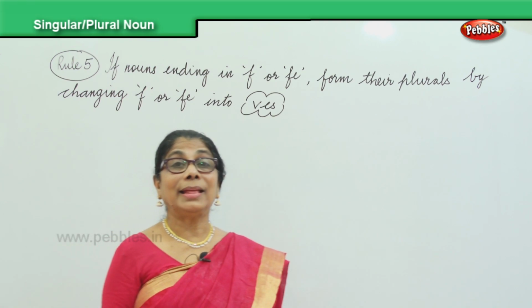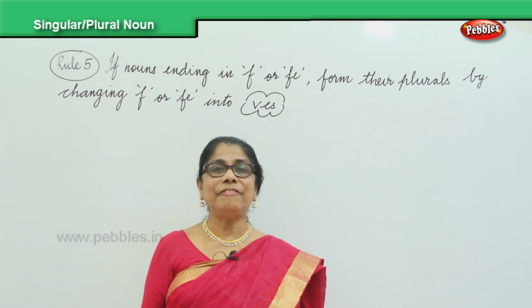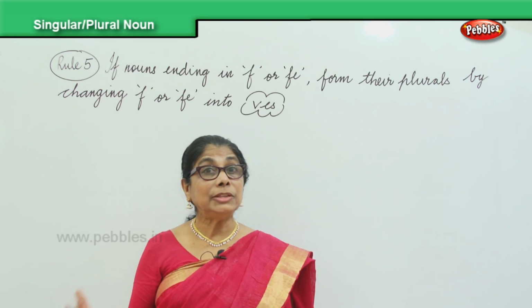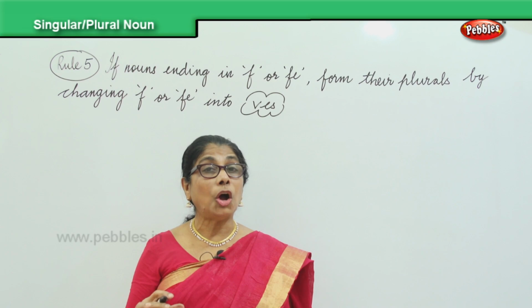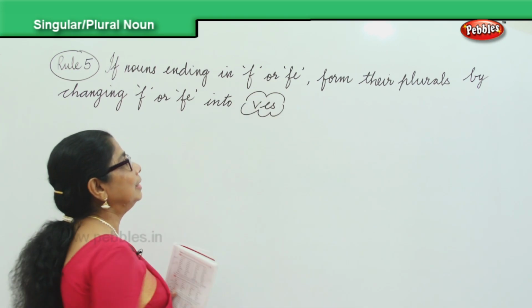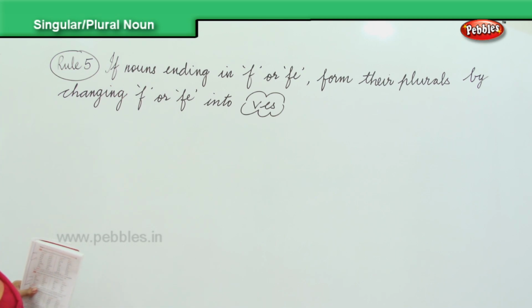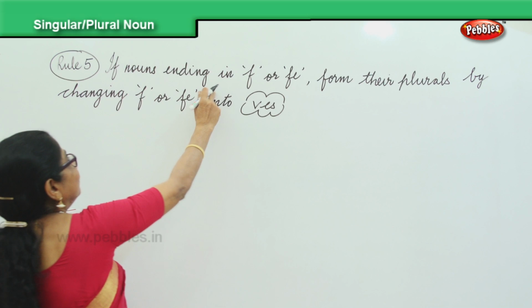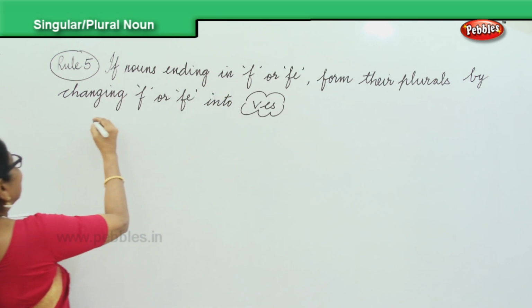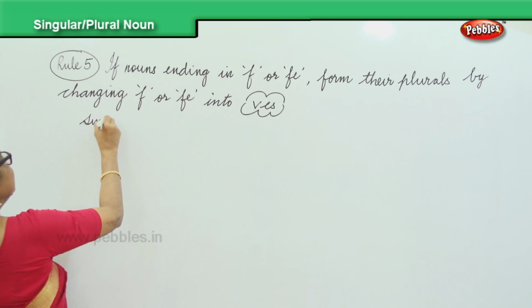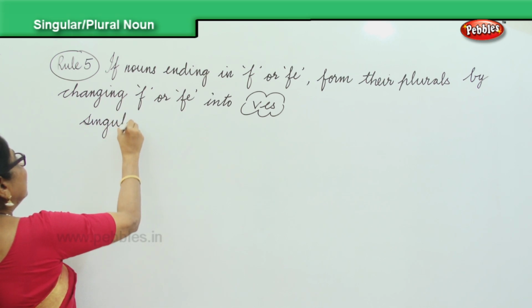So, the nouns ending in F or FE form the plural by changing the F or FE, and you add VES. You take away F or FE and you put in VES. Now, look at it. Practice will make you perfect, okay? Singular noun.